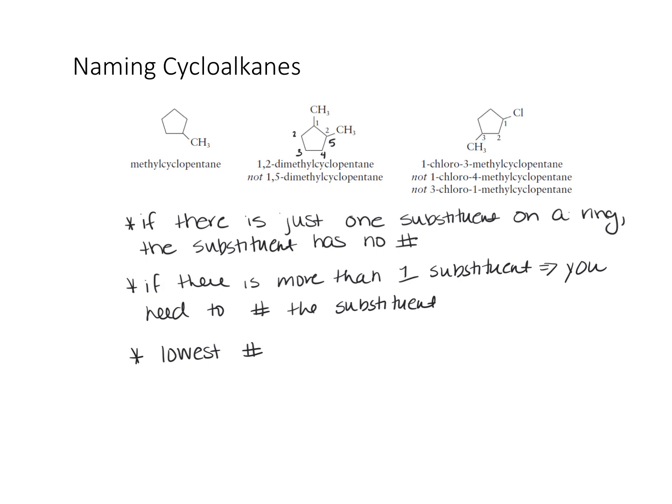This would be 1-chloro-3-methyl. It would not be 1-chloro-4-methyl, and it would not be 3-chloro-1-methyl, because if we started here 1, 2, 3, that would be an example where we had a tie, where we had a 1 and a 3 no matter what we did. And so we need the 1 to go with the first alphabetically. And so this is how we name cycloalkanes.